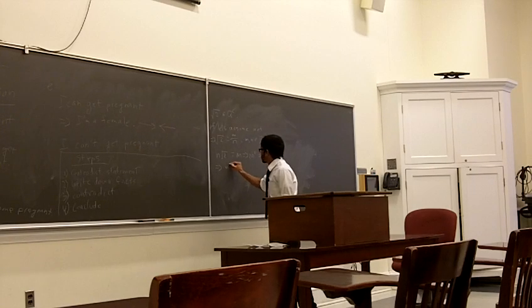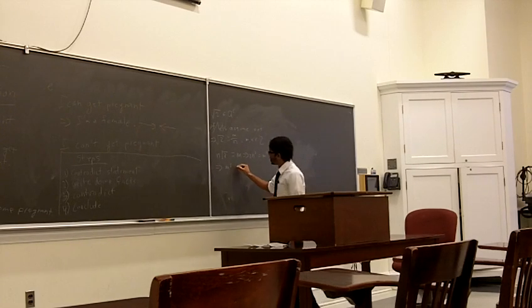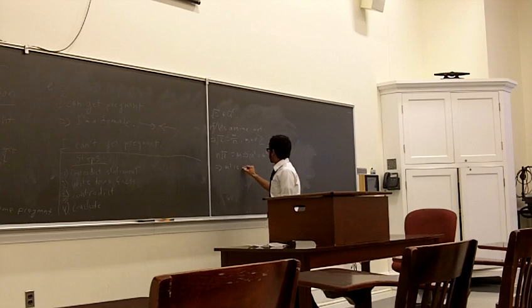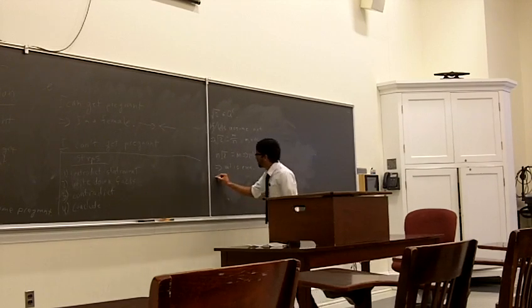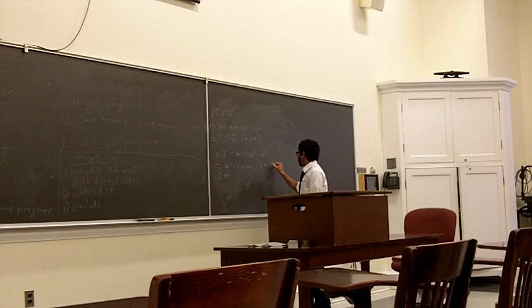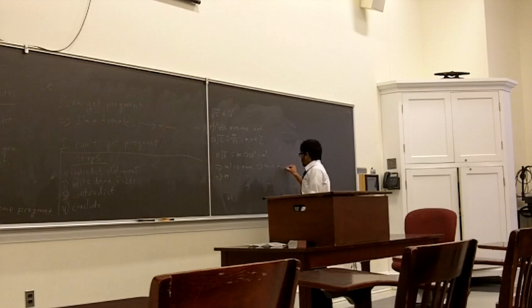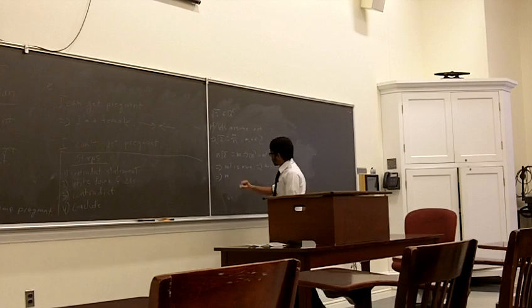This means that m squared has to be even. If it's even, we can write it down like this. M squared is even. This means m is even. It's a fundamental fact. So m is going to equal, say, 2p.